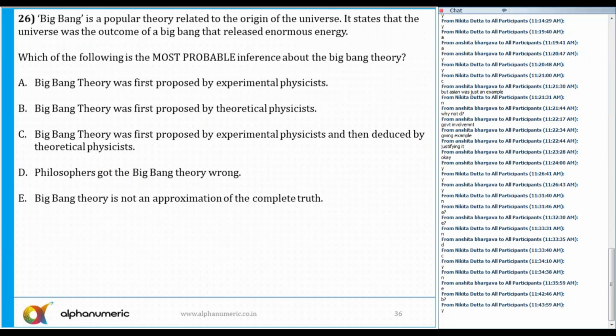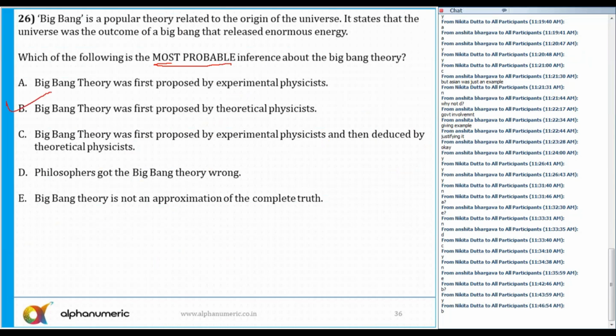Number 26. Big Bang is a popular theory related to the origin of the universe. It states that the universe was the outcome of a Big Bang that released enormous energy. Which of the following is the most probable inference about the Big Bang theory? I think B, yes. Big Bang theory was first proposed by theoretical physicists, because a thing like Big Bang, you cannot experiment.